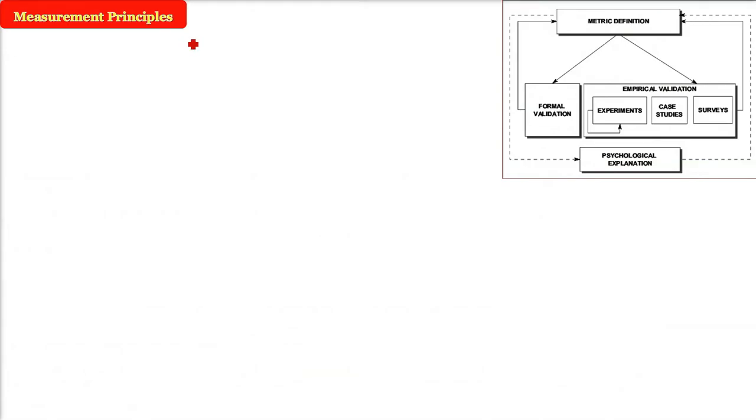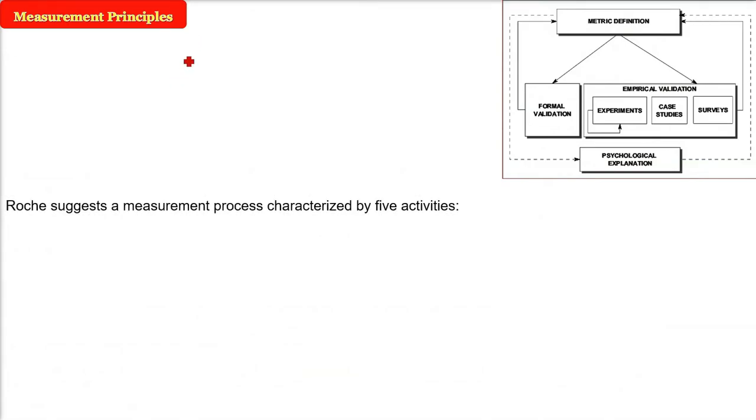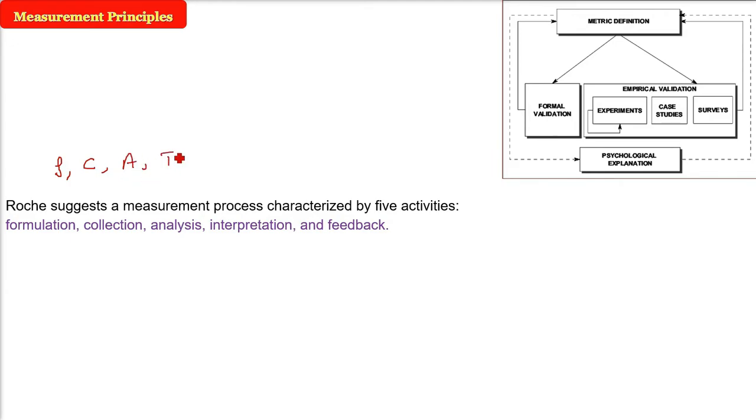Measurement principles. Now Roche suggested that a measurement process is characterized by certain activities, namely 5 activities. So in order to do a proper measurement process, first formulation has to be done, then collection, then analysis, then interpretation, and finally feedback. So these are the activities involved in a proper measurement process.